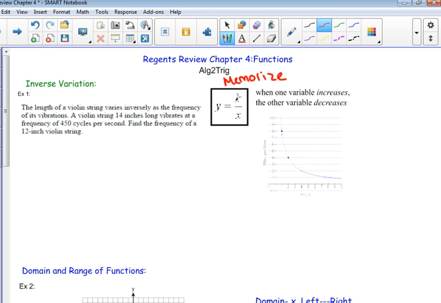Inverse variation, you guys could see the words, especially in a problem, they might say inversely proportional or inversely related.